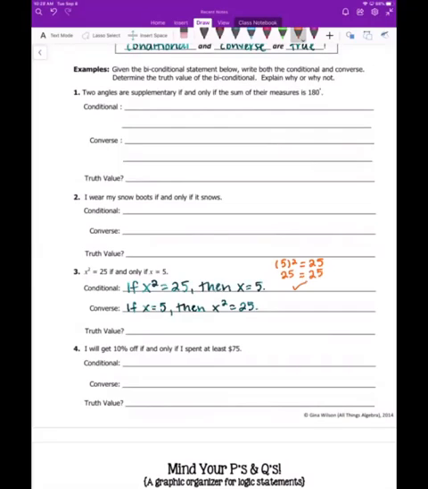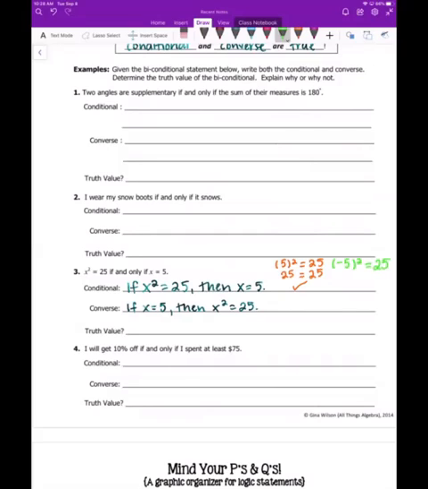But x equals 5 is not the only x value that would give us 25 if we plugged in for x squared. And let's talk about that for a second. So if we plugged negative 5 in for x, we have negative 5 squared, which is negative 5 times negative 5.